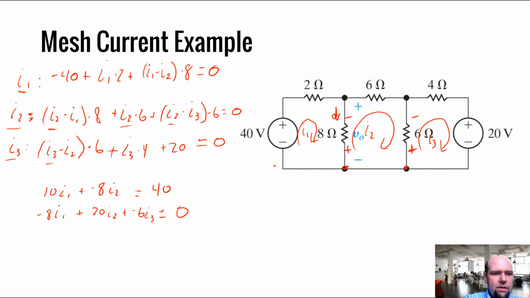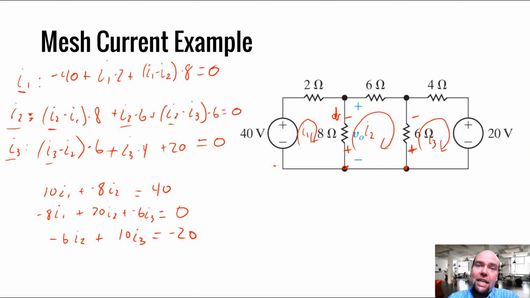And then last equation, how many I1s? We got no I1s. How many I2s? Negative 6 I2. How many I3s? We got 6 and a 4. That's 10 I3s. And all that equals negative 20.